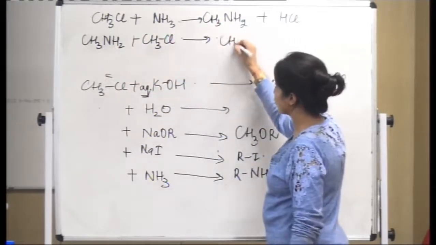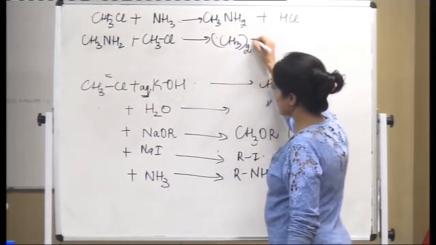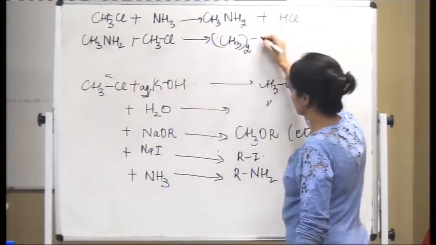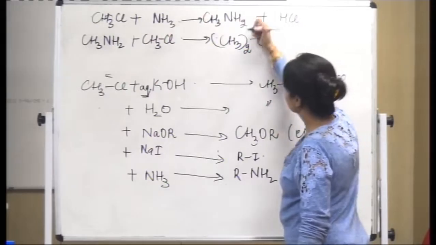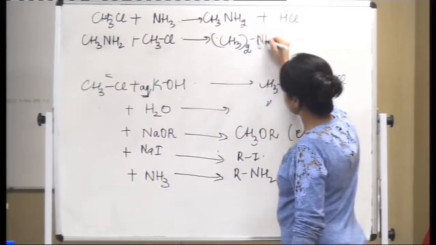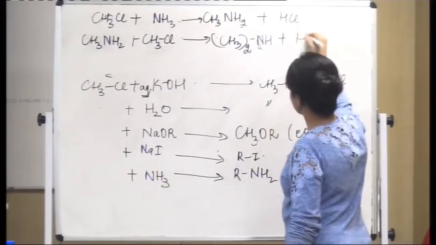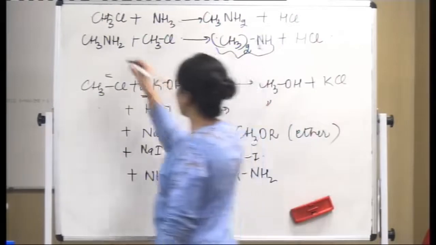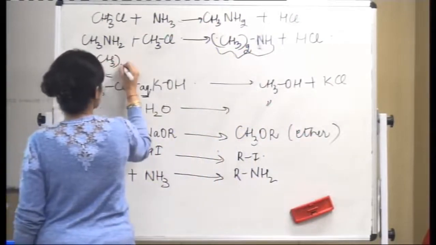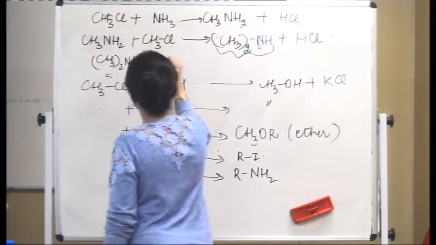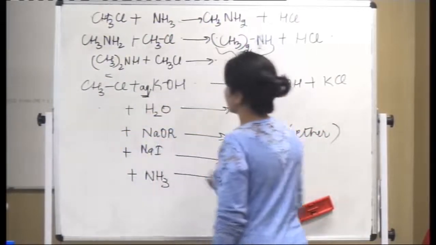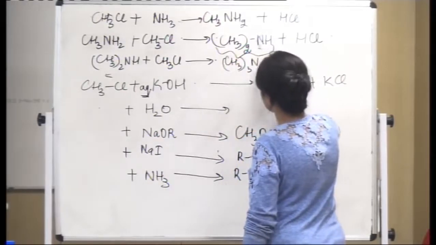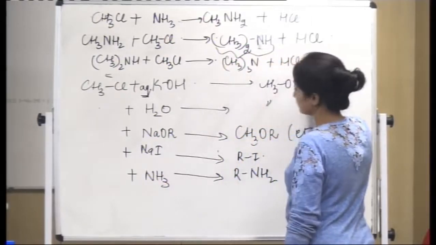I will get CH3 twice, because now its H is removed and one CH3 is attached. So what will you get? CH3 whole twice NH plus HCl. This still has a replaceable hydrogen. So this will be like CH3 whole twice NH plus CH3Cl. This will give you what? This will give you CH3 whole thrice N plus HCl.